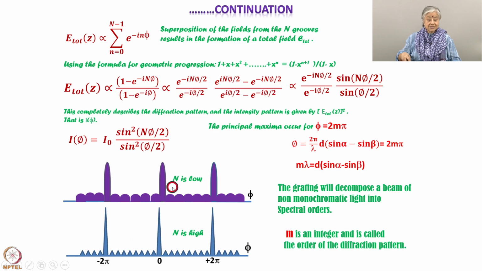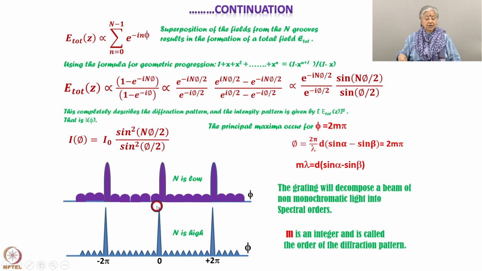So, if N is high, that means the number of grooves that the beam is hitting is high, then you get a better resolved spectrum, or better resolution of each of those wavelengths that are separated out.